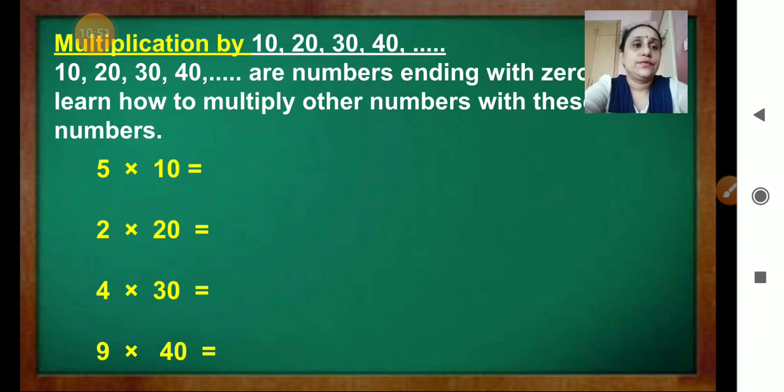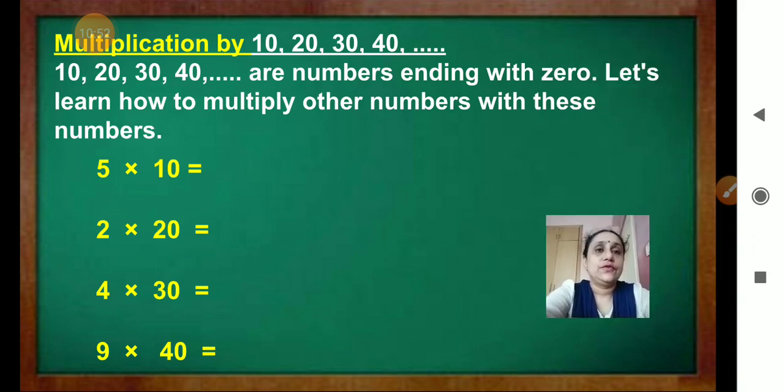Now, we will be doing multiplication by 10, 20, 30, 40. 10, 20, 30, 40 are numbers ending with 0. Let's learn how to multiply other numbers with these numbers.